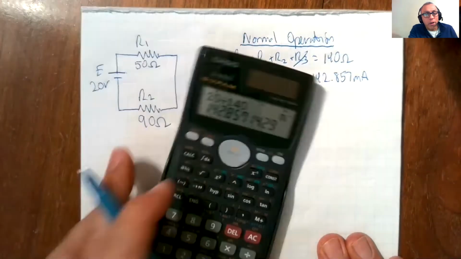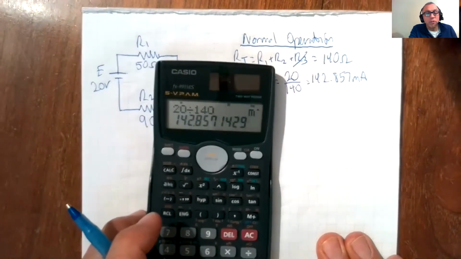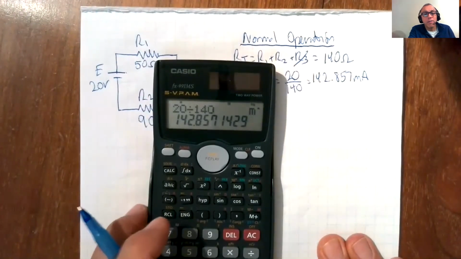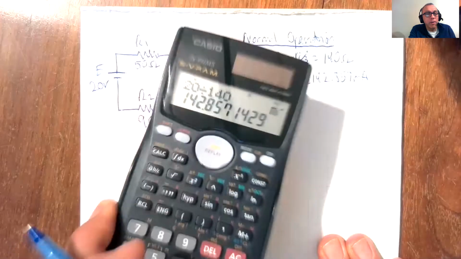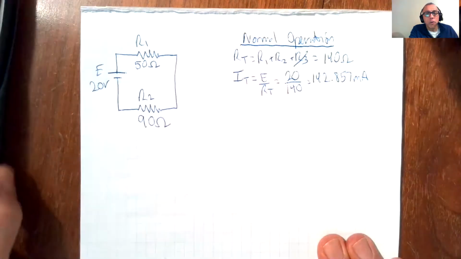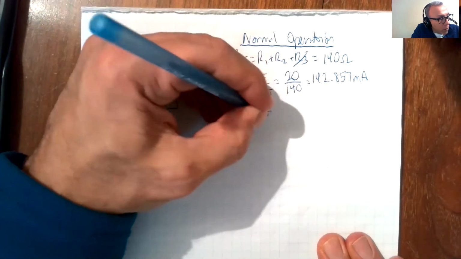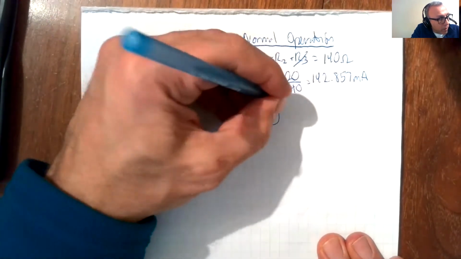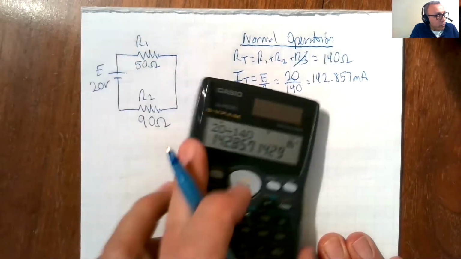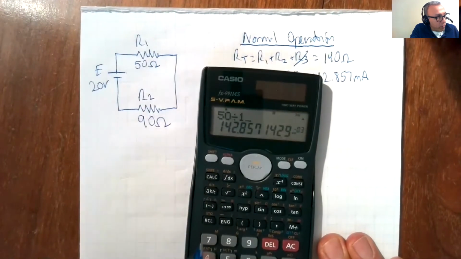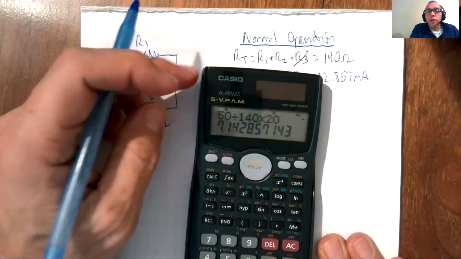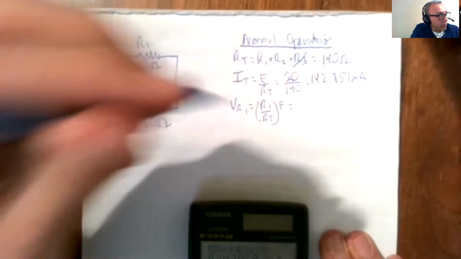I always show the calculator on the screen when I'm doing these because I still get students who are saying, how did you get that? So if I have the calculator on the screen, it's there for you to watch. VR1 is equal to R1 over RT times E, which works out to 50 divided by 140 times 20. So we get 7.143 volts.